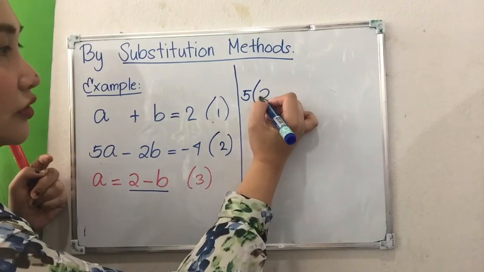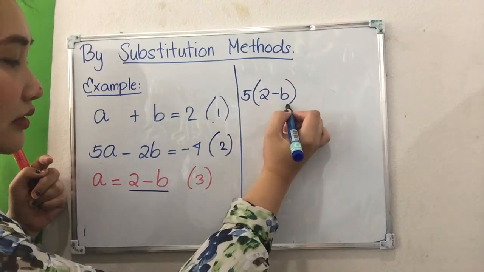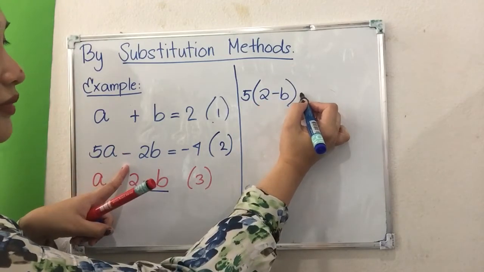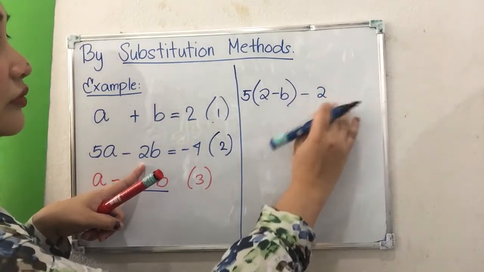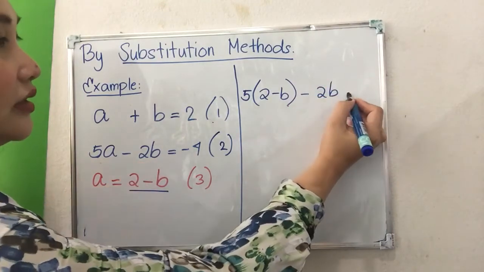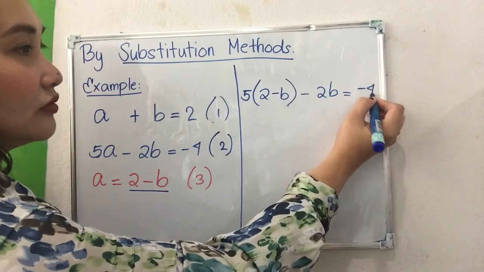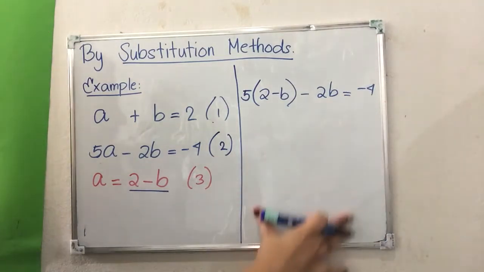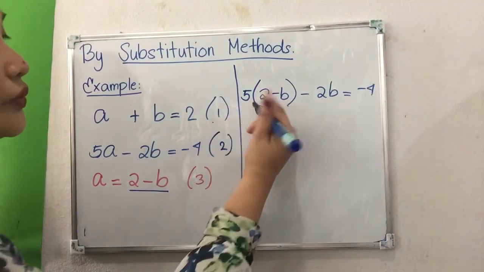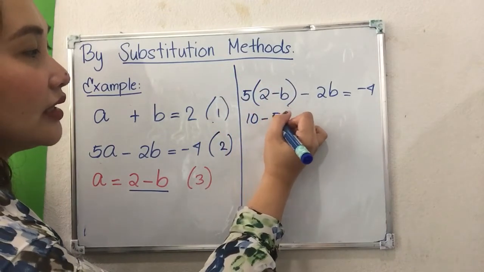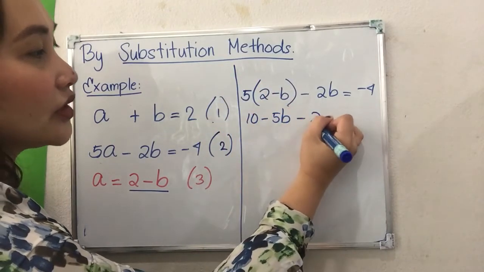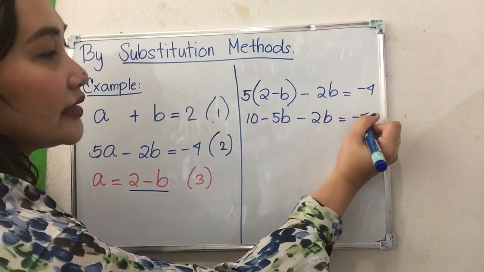So we have 5 times 2 minus b, minus 2b is equal to negative 4. Let's simplify: 5 times 2 is 10, minus 5b, minus 2b is equal to negative 4.